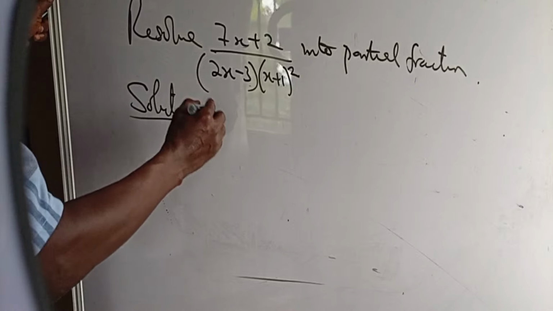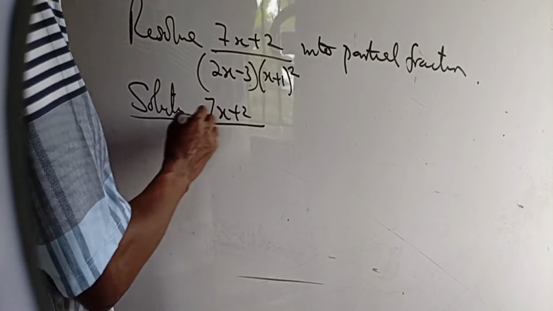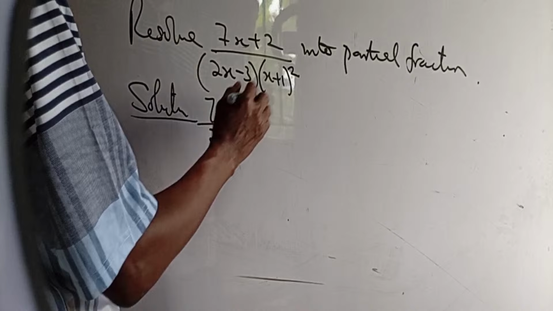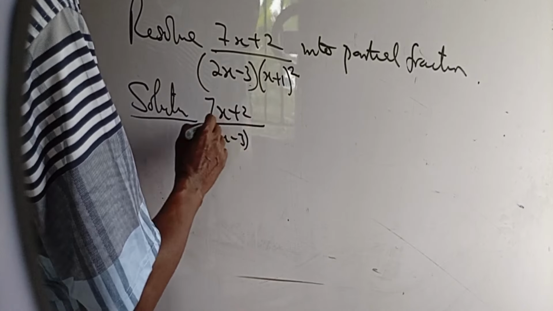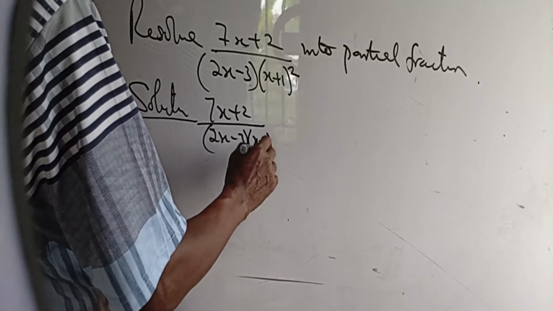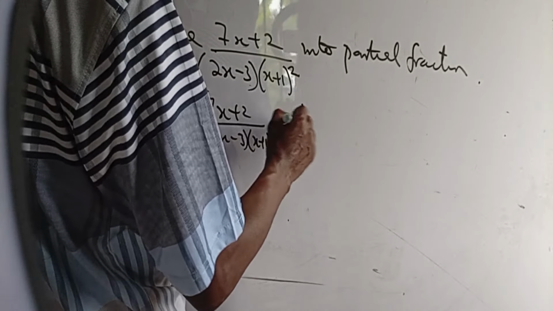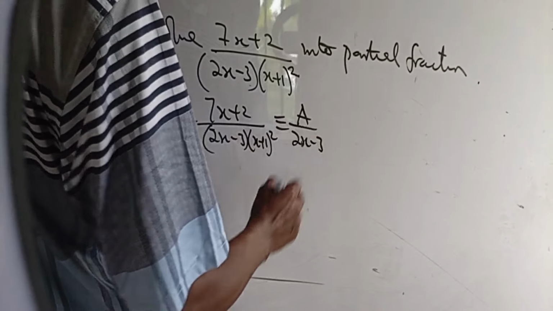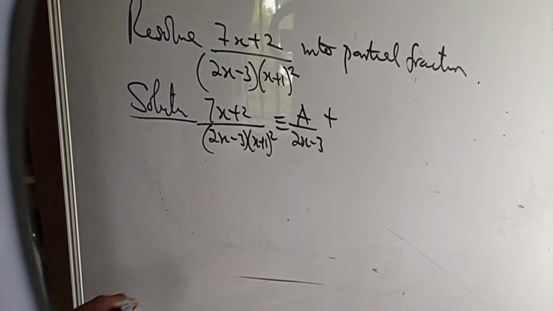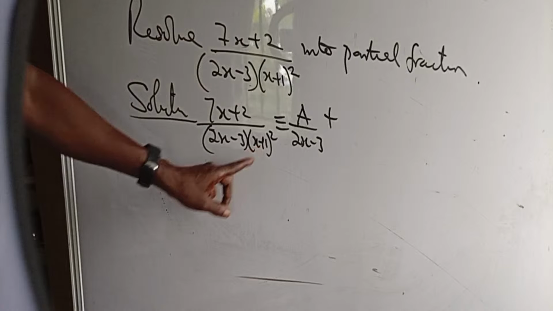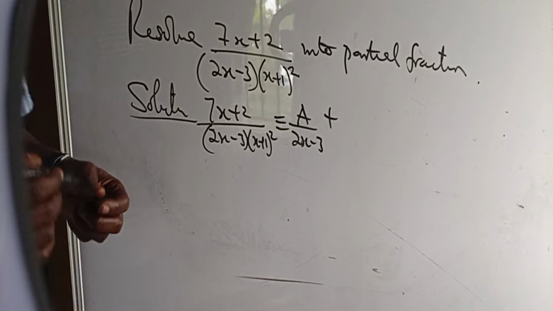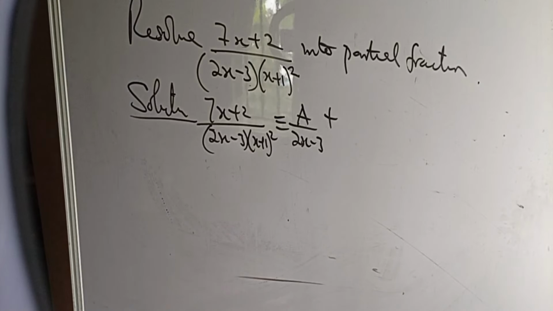The first linear, let's write it out. 7x plus 2 all over 2x minus 3 into x plus 1 all squared can be what? For the linear, A all over 2x minus 3 plus, now that you have one linear repeated, the repeatedness means that you will introduce two constants, because it is repeated twice.